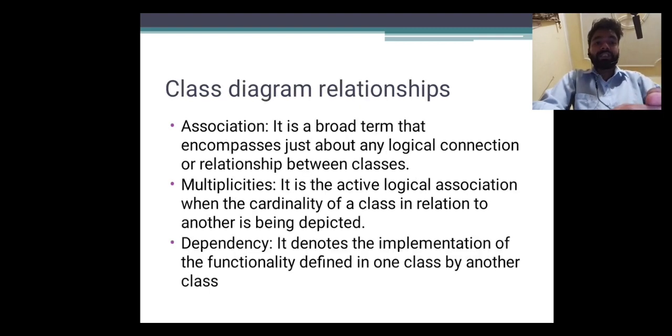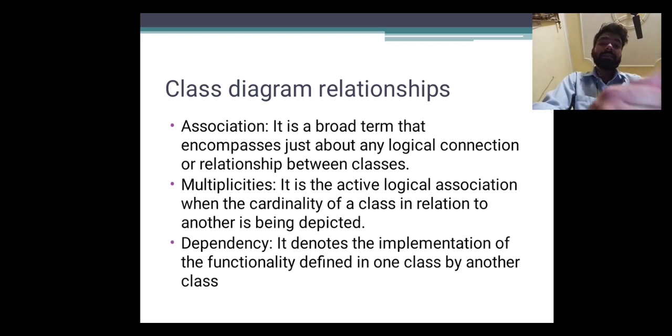And relationships, first is the association. Association is basically a "has a" relationship, and it is a broad term that encompasses just about any logical connection or relationship between classes. One more important term is links.